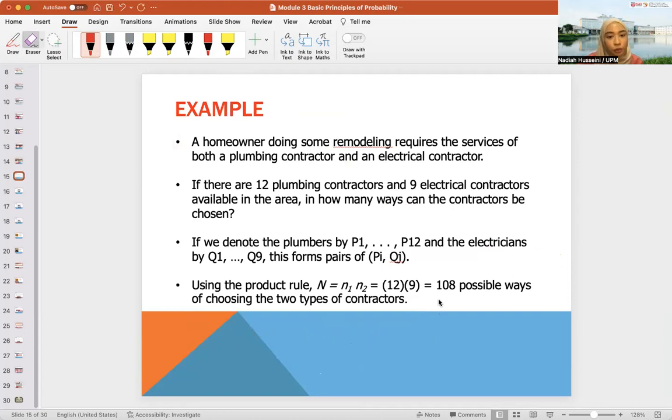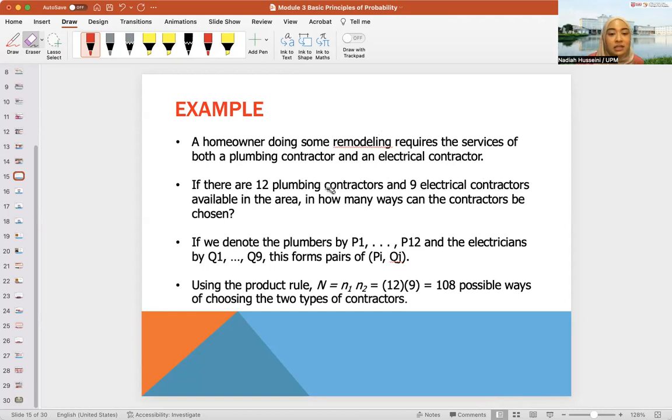A homeowner doing some remodeling requires the service of both a plumbing contractor and an electrical contractor. So one is plumbing, one is electrical. If there are 12 plumbing contractors and 9 electrical contractors available in the area, you just want one of each, right?